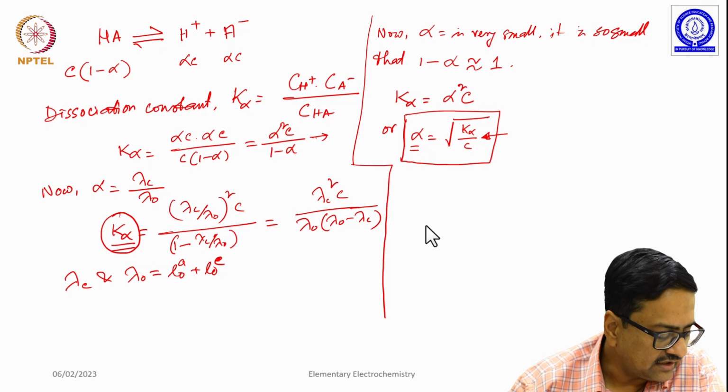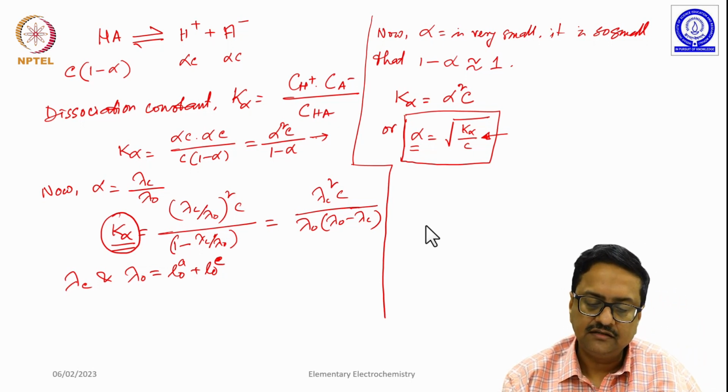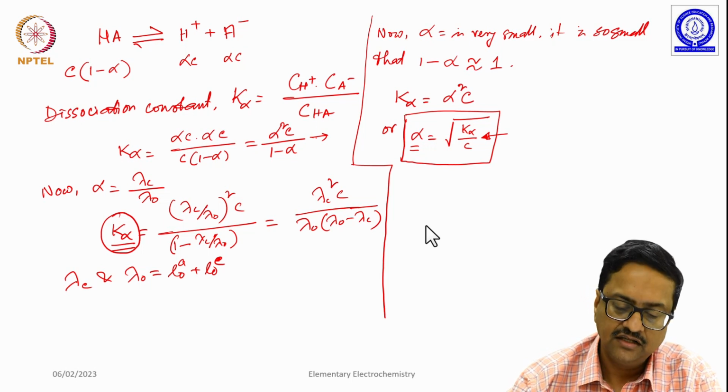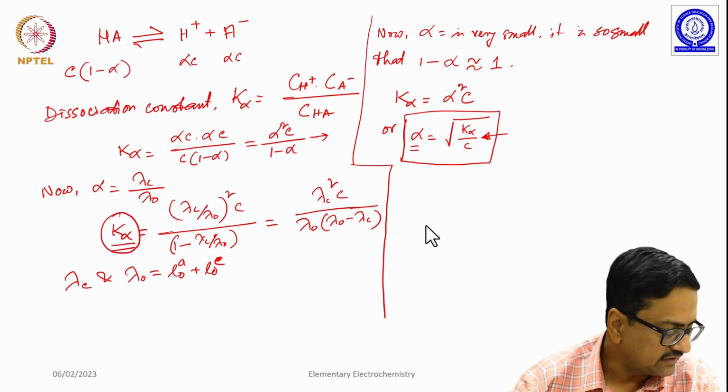So this is how one can easily determine the dissociation constant and degree of dissociation of a weak electrolyte.